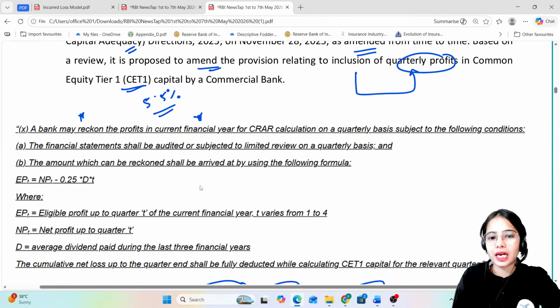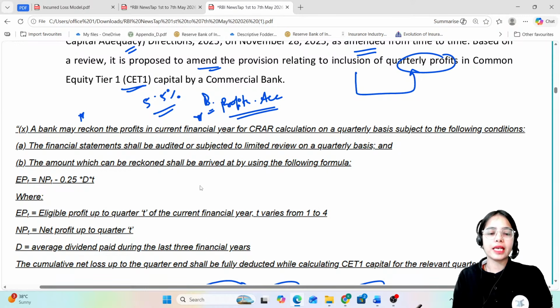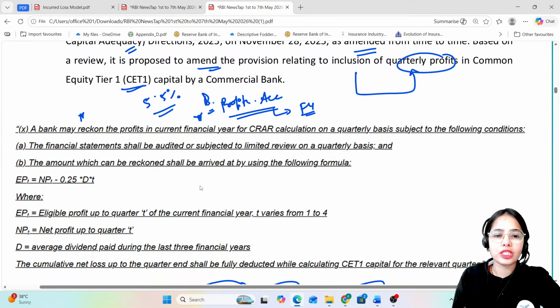The balance that is left in the profit account after paying the dividends and the tax, at the end of the financial year, was added in the common equity tier 1 capital under the CRAR.